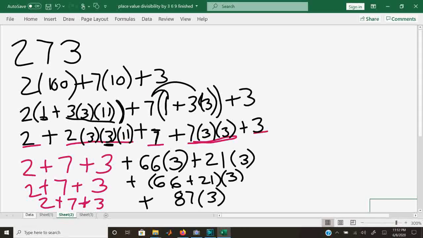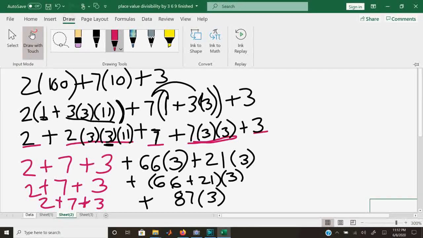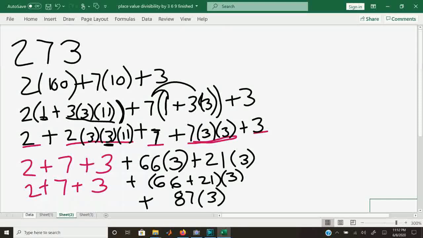I know that's 87 times 3, plus however many 3s are in 2 plus 7 plus 3. Actually, I think it's time to go ahead and add those. 2 plus 7 is 9, plus 3 is 12.